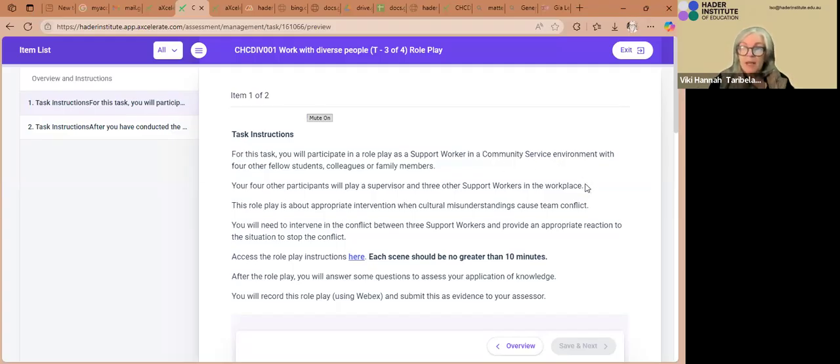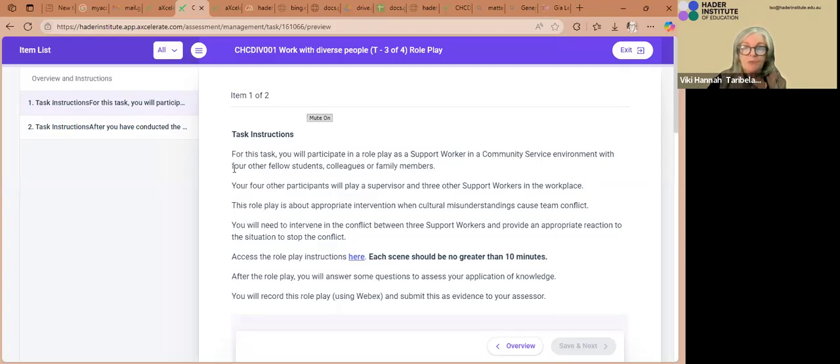That's exactly how you must present your recording. In a community service environment. So even your background will need to reflect this could be happening in a workplace. Set the scene for that and make sure that you're presented dressed as if you were at work.